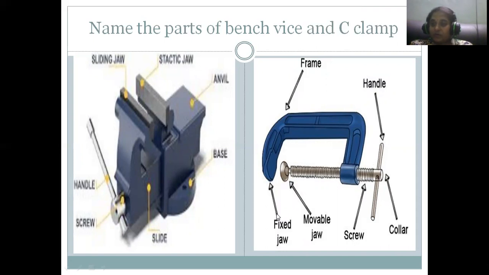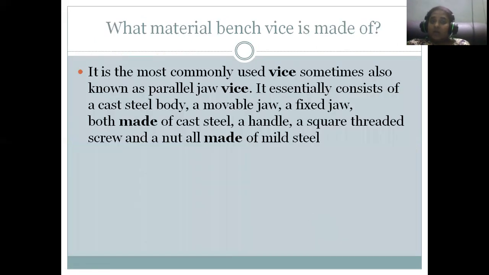You should be able to answer them also. And what material is a bench vise made of? This is mostly asked. It is the most commonly used vise, sometimes also known as the parallel jaw vise. It essentially consists of a cast steel body, a mobile jaw and a fixed jaw, both made of cast steel, and a handle, a square thread screw, and a nut, all made of mild steel.